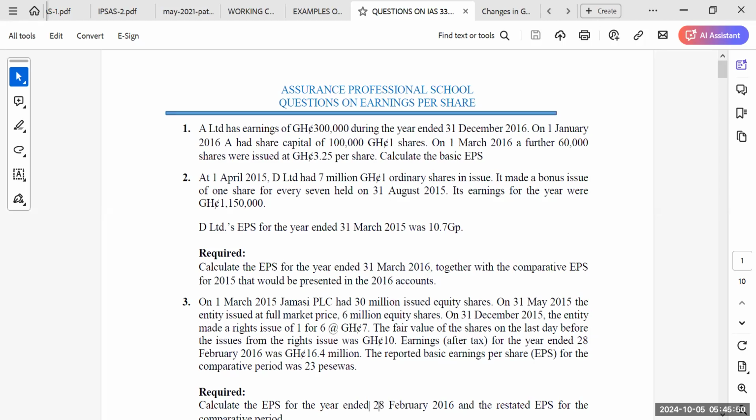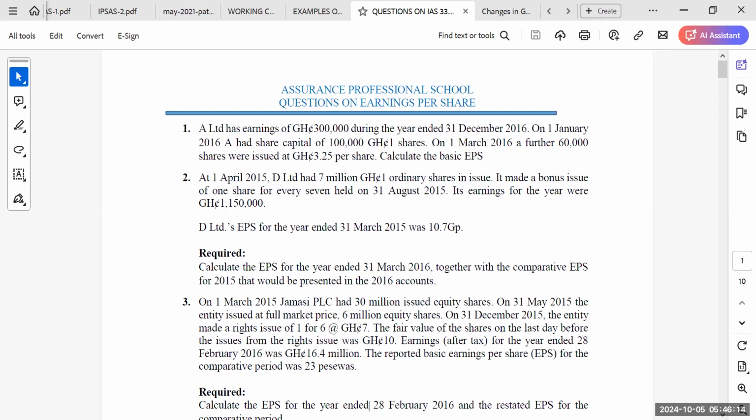D Limited's earnings per share for the year ended 31st March 2015 was 10.7 Ghana pesewas. Calculate the EPS for the year ended 31st March 2016, together with the comparative EPS for 2015 that will be presented in the 2016 accounts.